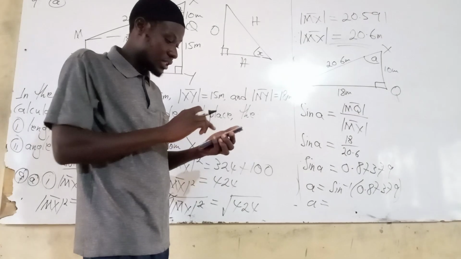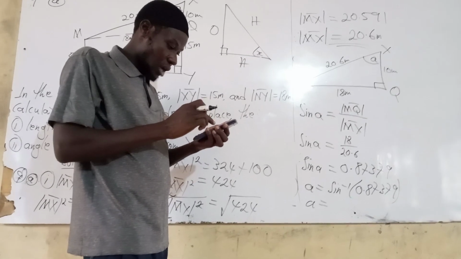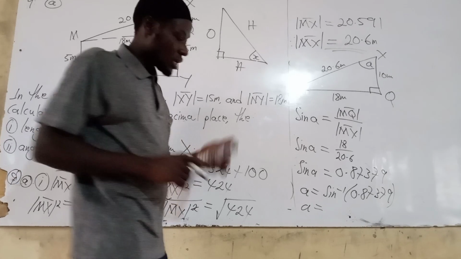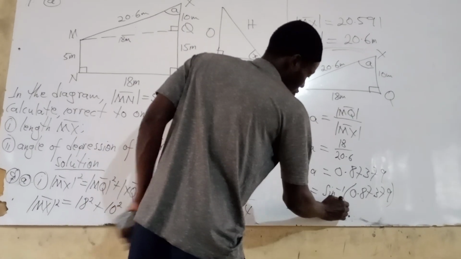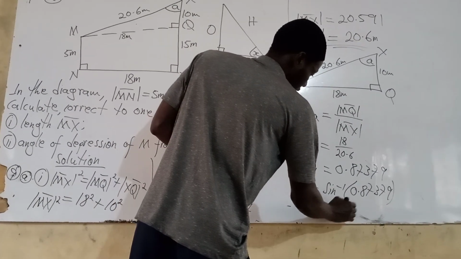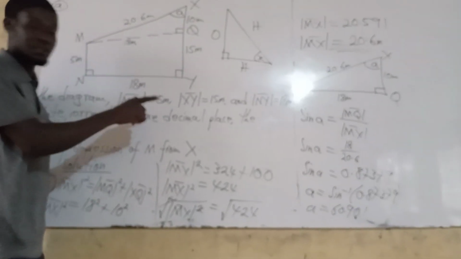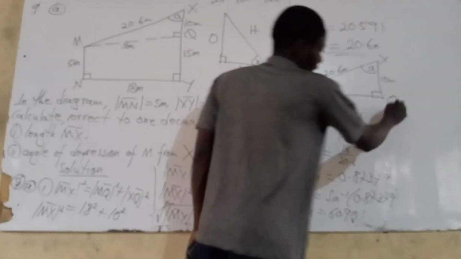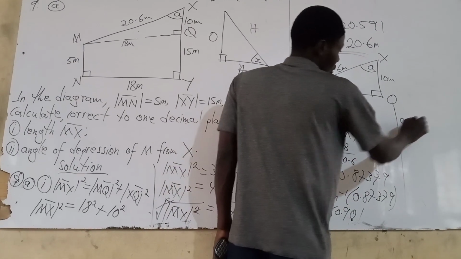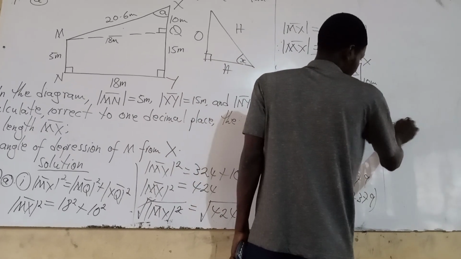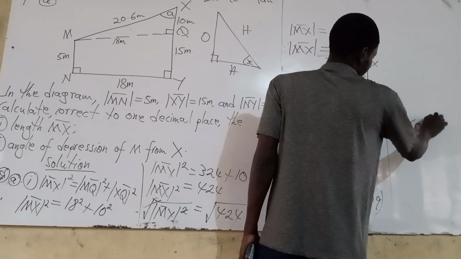That gives you 60.901. But they say we should calculate the correct one decimal place. So to one decimal place, the angle of depression of M from X will be equal to 60.9 degrees.